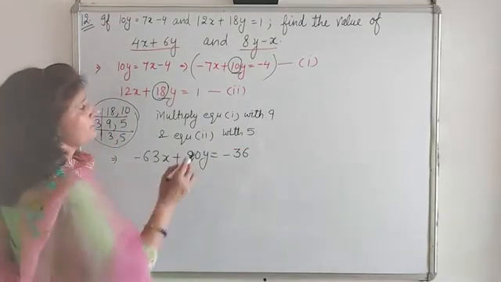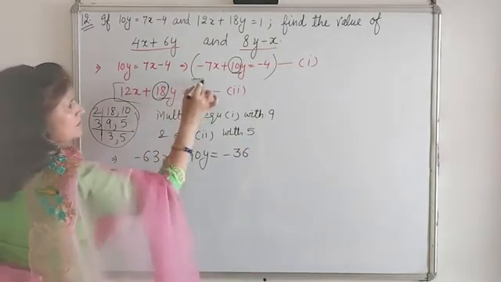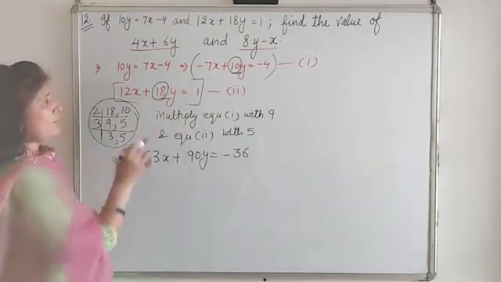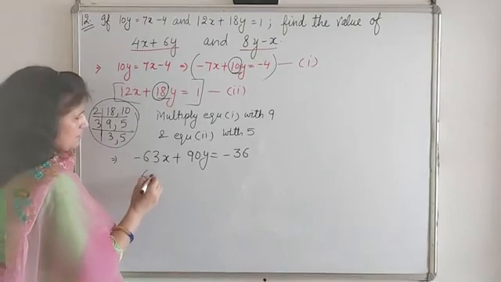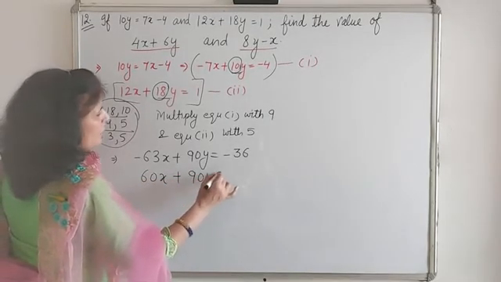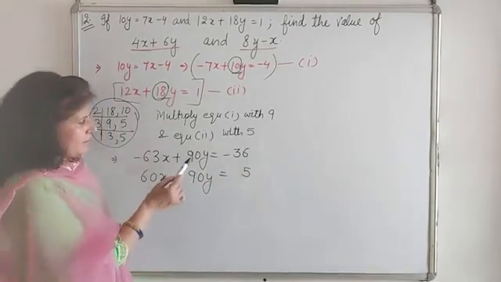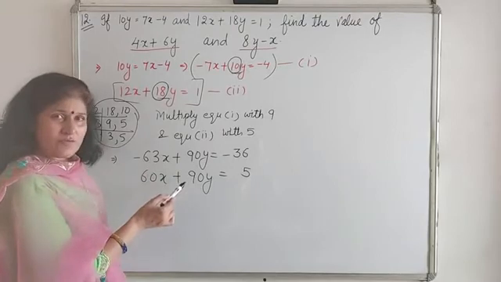Okay. Second equation by 5 means all these terms by 5. 12 fives are 60. 18 fives are 90. 1 five is 5. Now you can see here y has the same coefficient now.